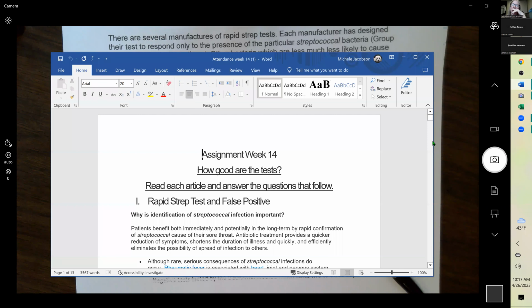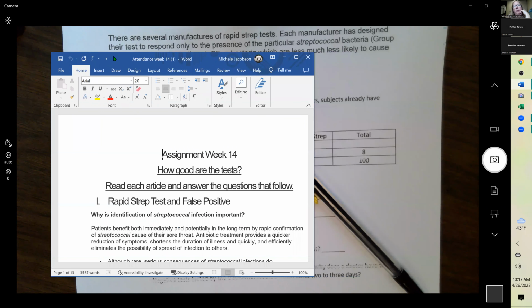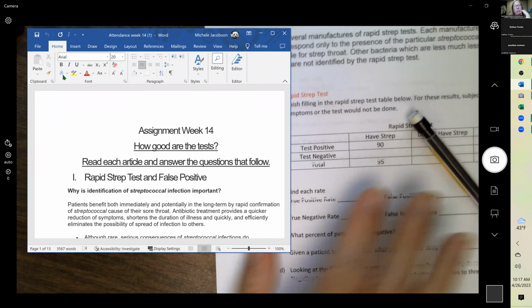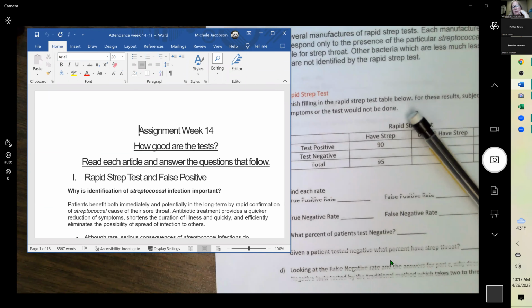That way we can see the information at the same time. So the strep throat one, you can actually fill out the table without the information, but some of the parts you need to understand.